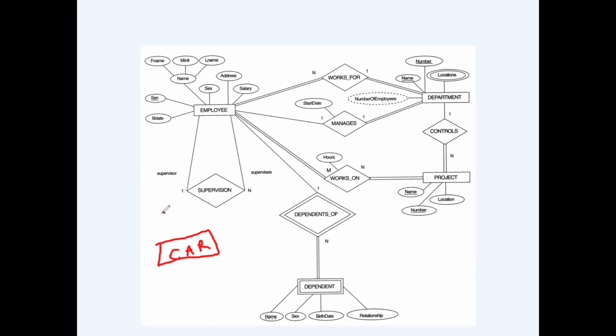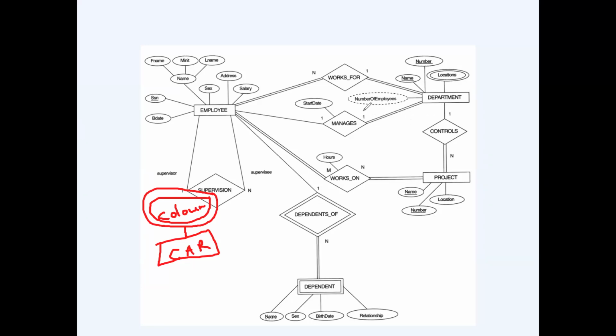And then let's say we have a color. Now you know that some vehicles have multiple colors. So if you're thinking about representing a car with multiple colors, we can put it like this. So for the car entity type, we have a multi-valued attribute. So the double ellipse will represent that this is a multi-valued attribute.